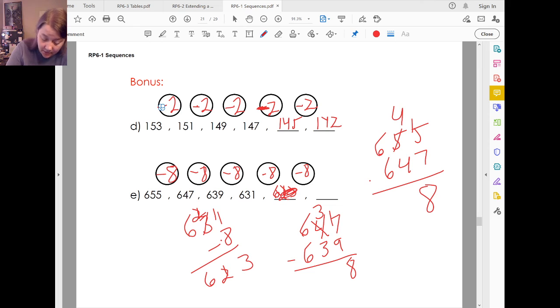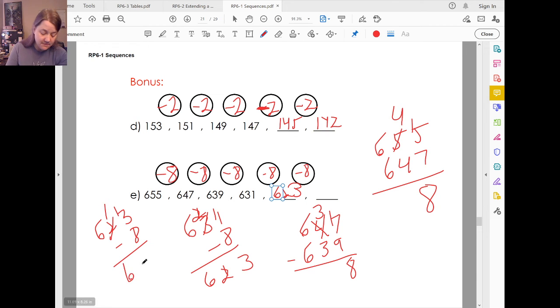That does not work. Kids, heads up, the eraser does not work on this. That's good to know. So this is going to end up with 623 over this pen, but that's okay. And then we're going to do 623 minus 8. 615.